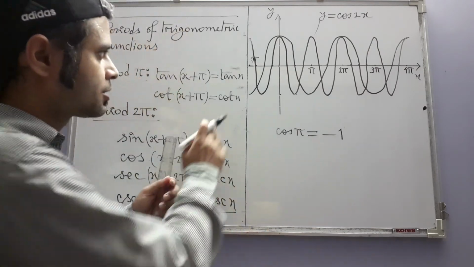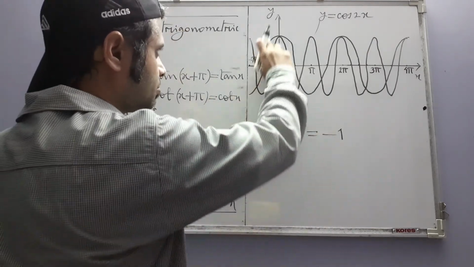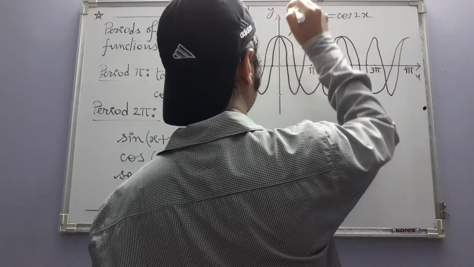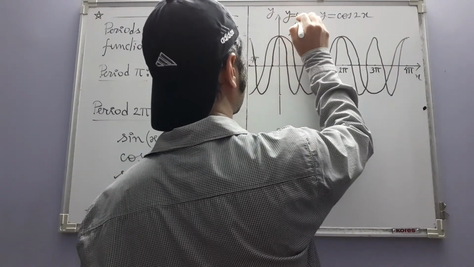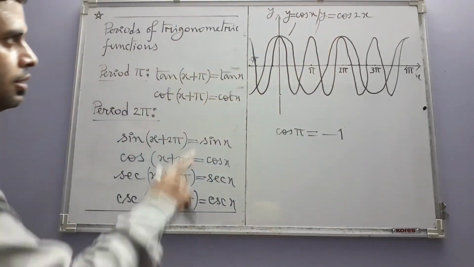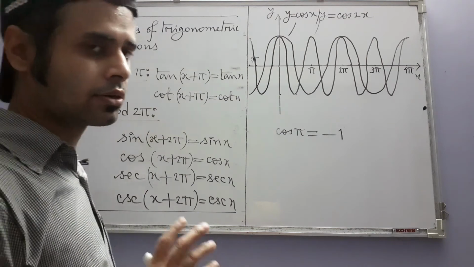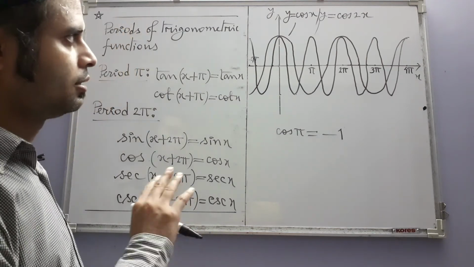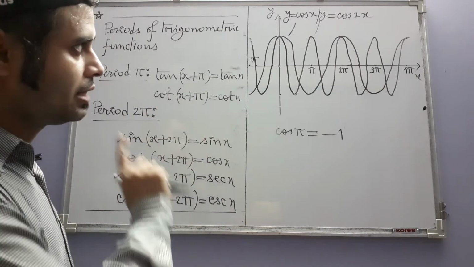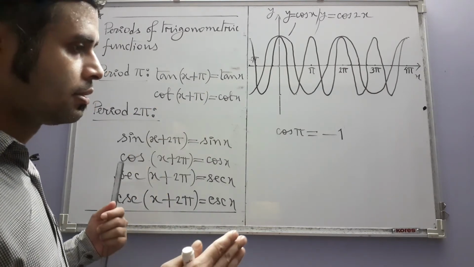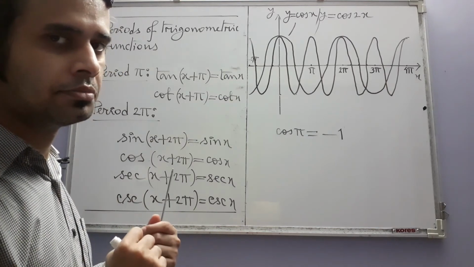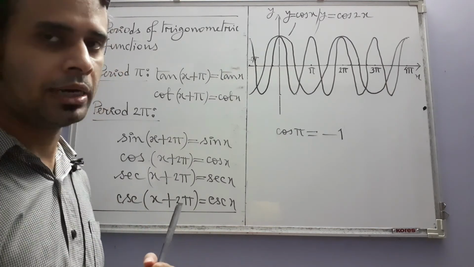The somewhat spread out graph is the graph of the actual cosine function without any modification done to the input. There the input has been modified. We are not taking the actual input but twice its value. The fact that we have taken twice its value has shrunk the period from 2 pi to pi.